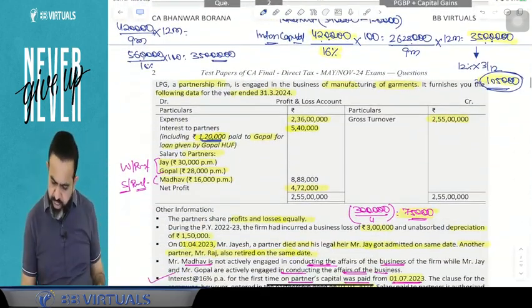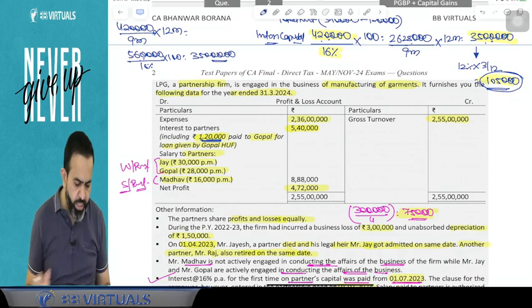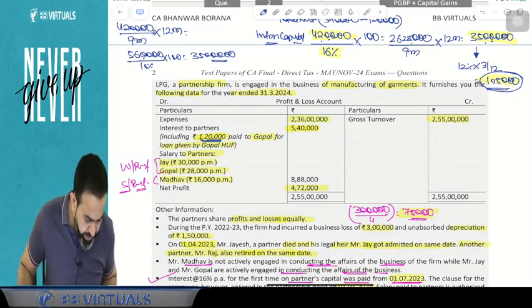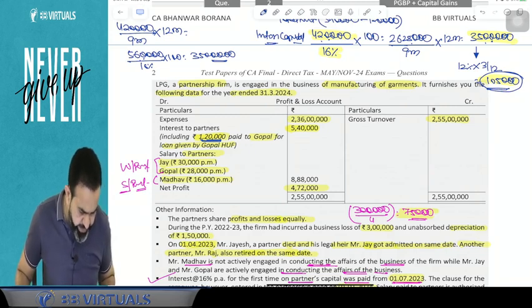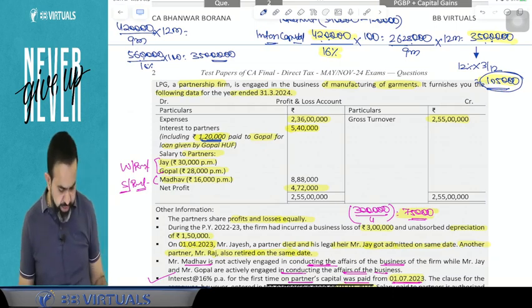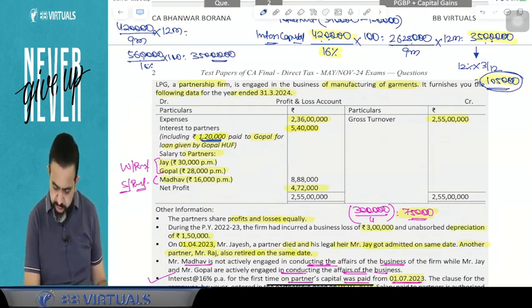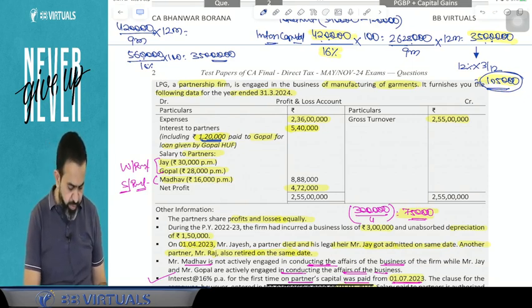So out of 5,40,000, minus 2,25,000 allowed, 3,15,000 is disallowed, because 5,40,000 is the interest and out of that only 2,25,000 is allowed.